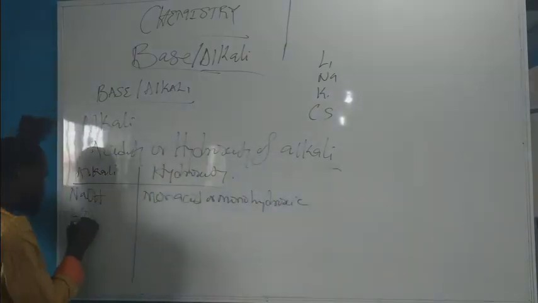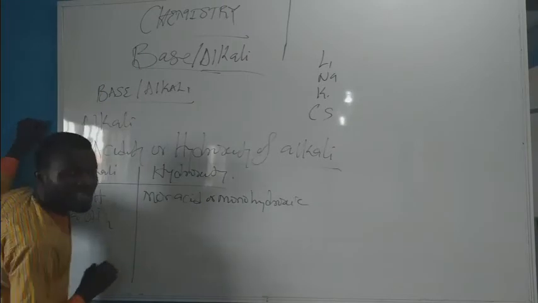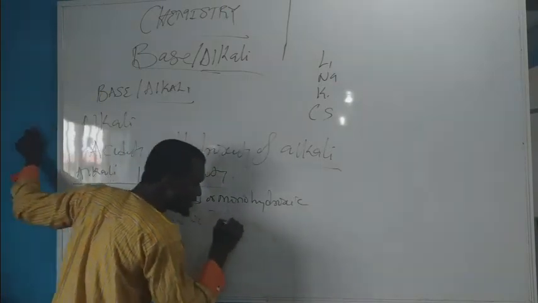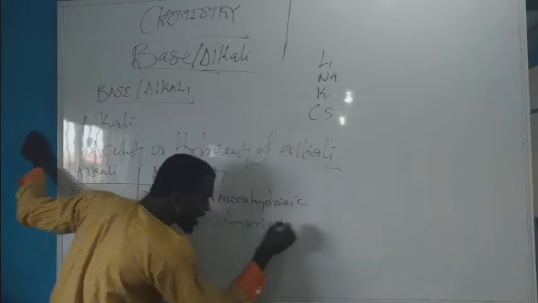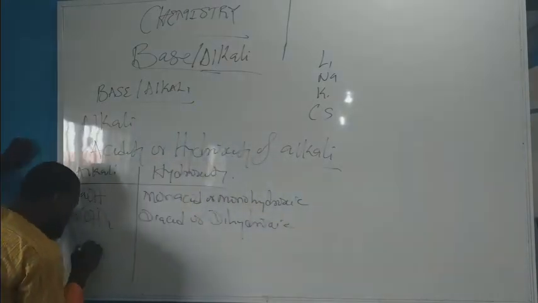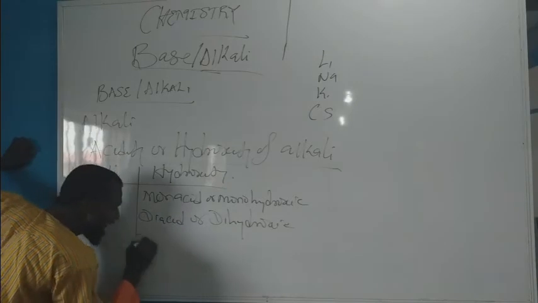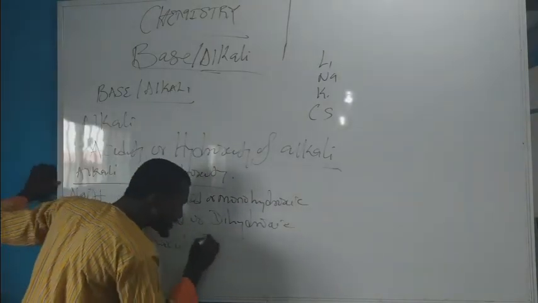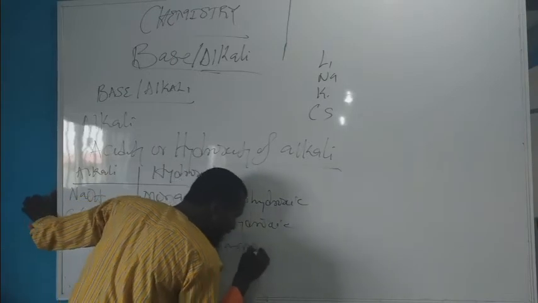Then calcium hydroxide is said to be diacid or dihydrosic alkaline. Aluminium hydroxide is said to be triacid alkaline or trihydrosic alkaline.